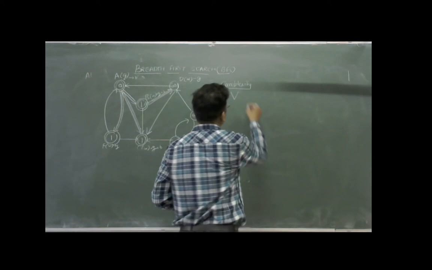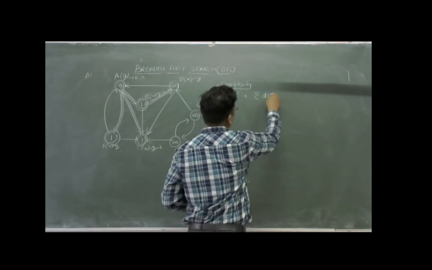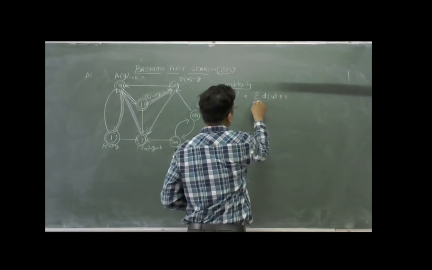So for each vertex we shall compute the degree of the vertex plus 1, for i equals 1 to V.